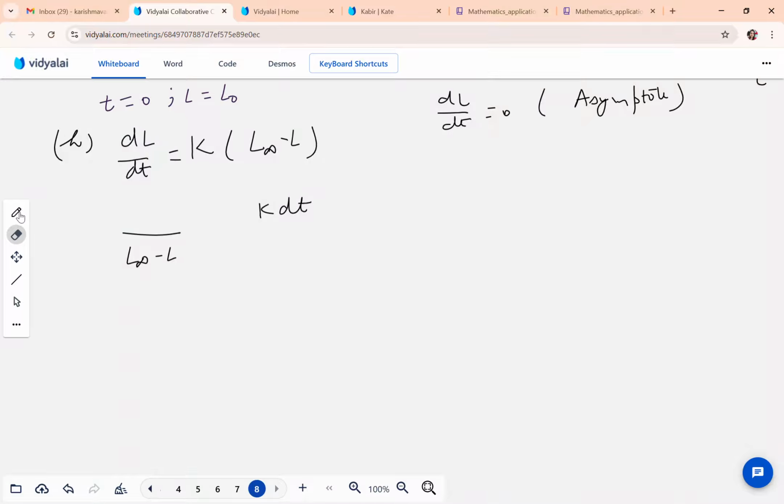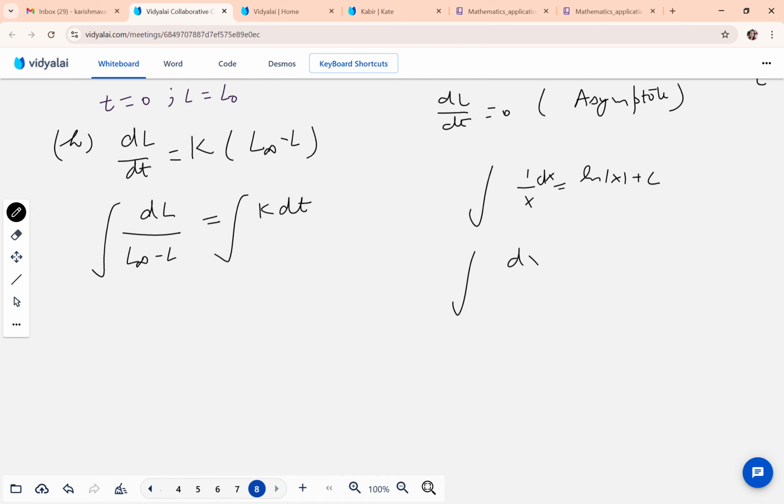We know integration of 1 upon x is ln mod x plus c. So here we will use the integration of 1 upon (ax plus b), that is ln mod (ax plus b) upon a plus c. So we will always divide by the derivative of this function. The derivative of ax plus b is a.